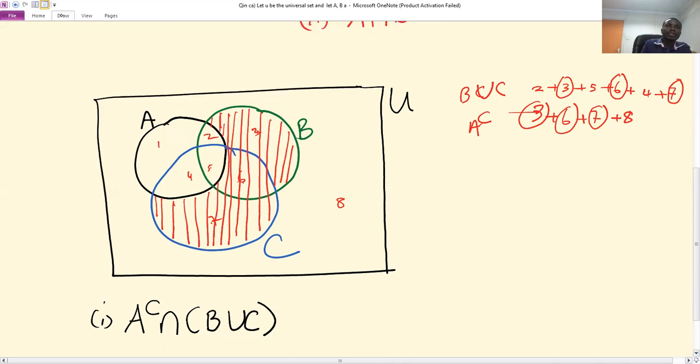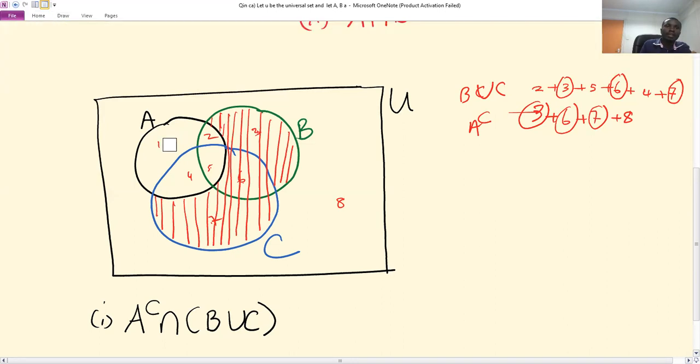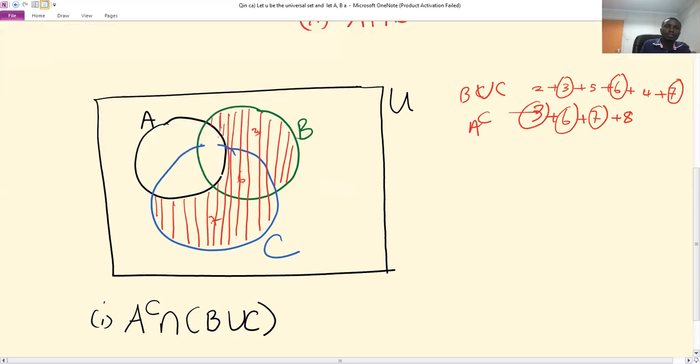So the shaded region defines the set A complement intersect B union C. So this is how we present that set.